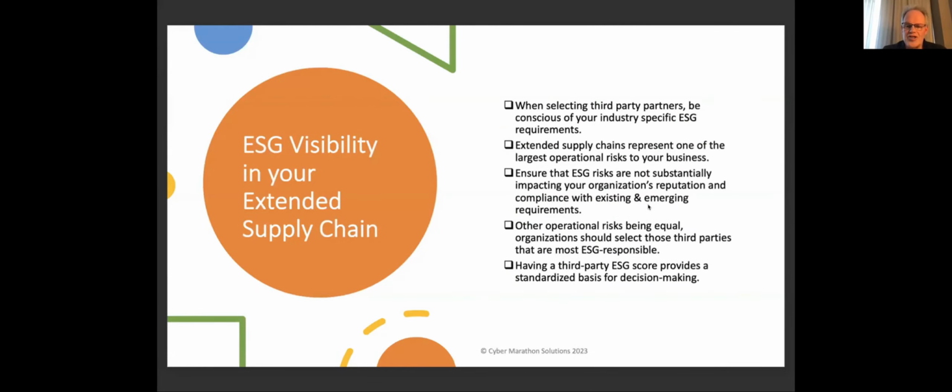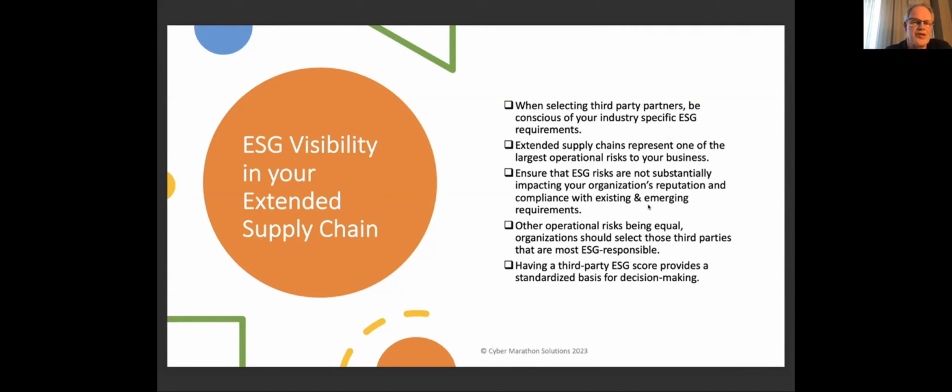Your extended supply chain doesn't stop with your third parties. You need to understand, just as you do for all risks in your third-party risk management program, what the focus is for your extended supply chains. So you might turn around and say, well, I'm barely doing ESG right now for my third parties. What I would suggest is one approach that you take is, as you identify who your critical third parties are, extend your ESG monitoring into the fourth and fifth parties that are in support of your critical business processes.